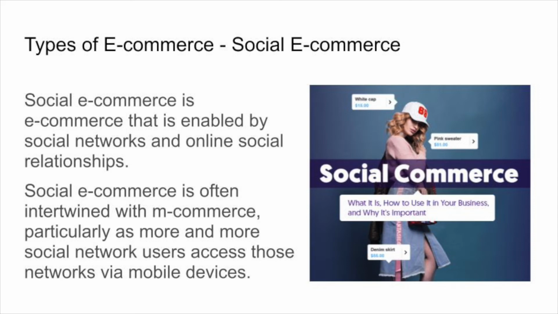Yet another type of e-commerce is something called social e-commerce. And this is something you'll notice more once you're familiar with it. If you're involved in Instagram and Facebook to some extent now as well, if you scroll through certain Instagram feeds, you will notice that, like in the image here, the image will come up with an indicator, I'll call it. A little bubble comes up that says things like $15 or these sorts of things.